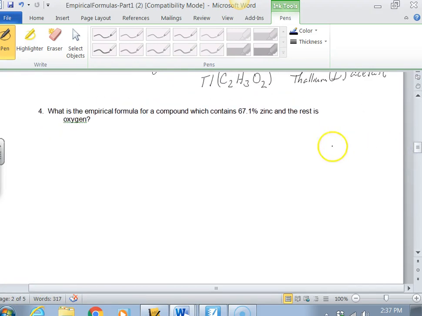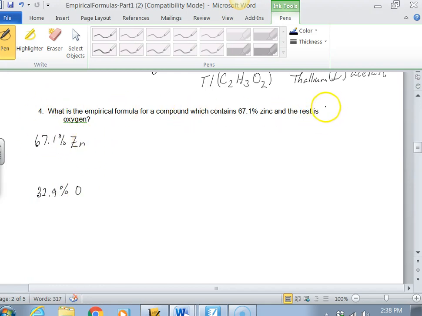All right, we move on to number 4. We want to know the empirical formula for a compound that contains 67.1% zinc and the rest is oxygen. So this would be 100 minus 67.1. It's going to be 32.9%, and that would be oxygen.